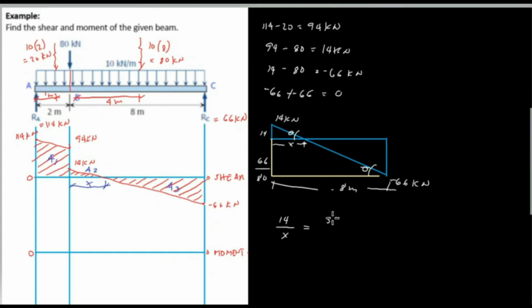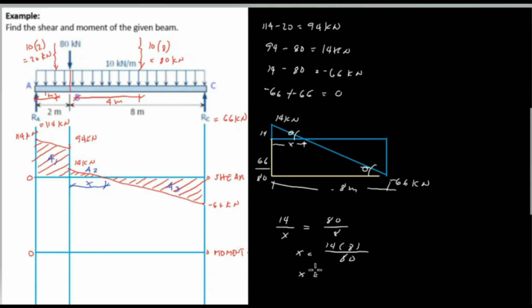So this is 80 all over the total length of the big triangle, which is 8 meters, or x is equal to 14 times 8 divided by 80.